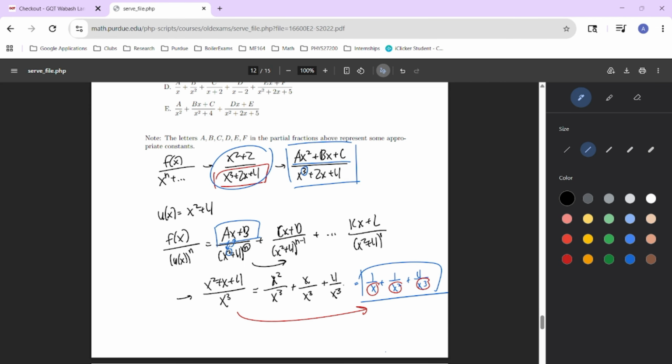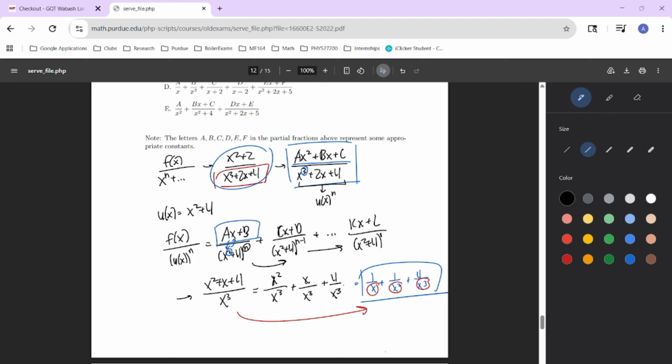And then let's say that you can represent this giant function of x cubed plus 2x plus 4 as some function u of x. If u of x is raised to some nth power, then you need to include all possible solutions from when the denominator is raised to the power of n to when it's raised to the power of n minus 1, and then all the way down to when it's raised to the power of 1.